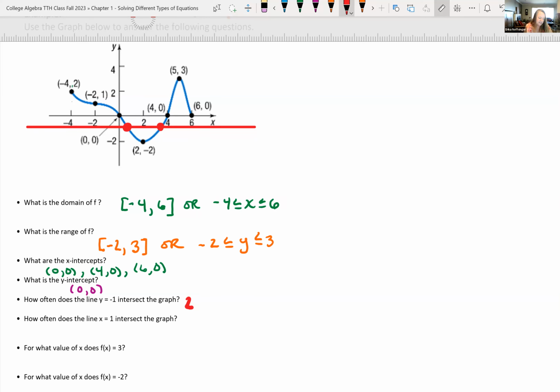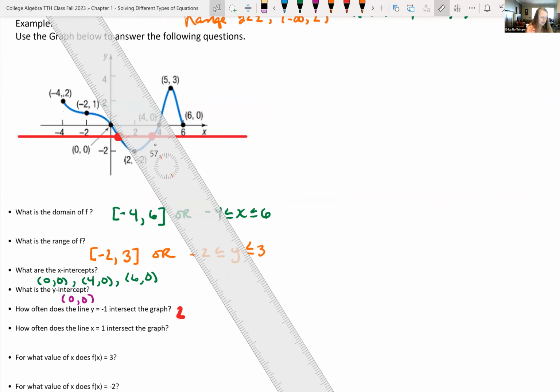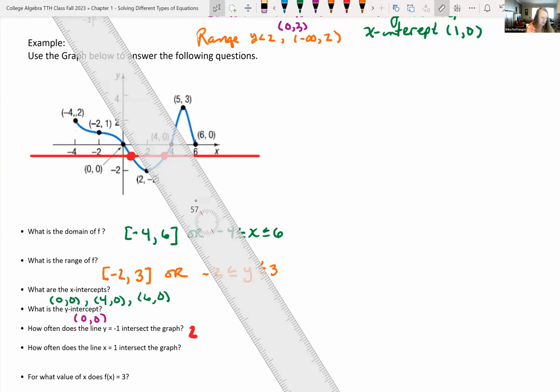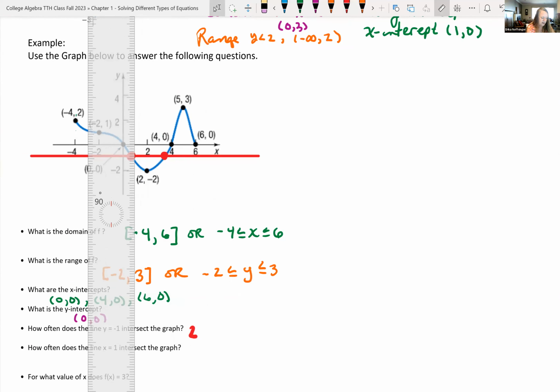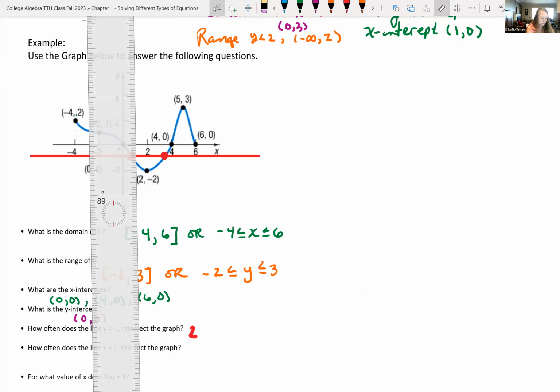So how often does the line x equals 1 intersect our graph? Remember, x equals a number is the graph of a vertical line through that x value. So here, I'll just use our ruler to make a vertical line through x equals 1.